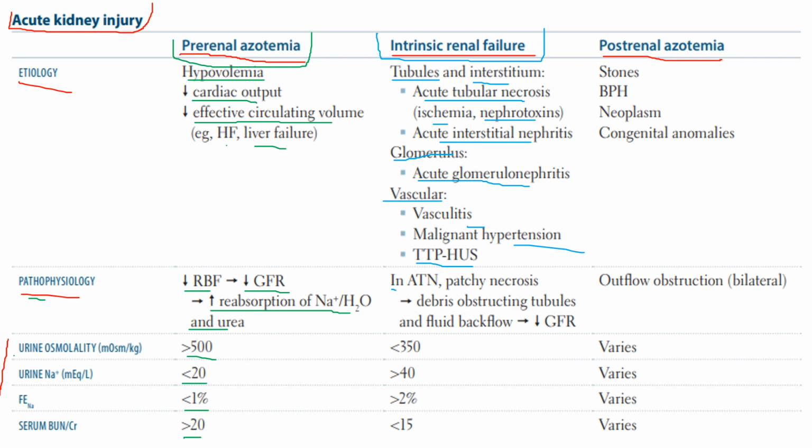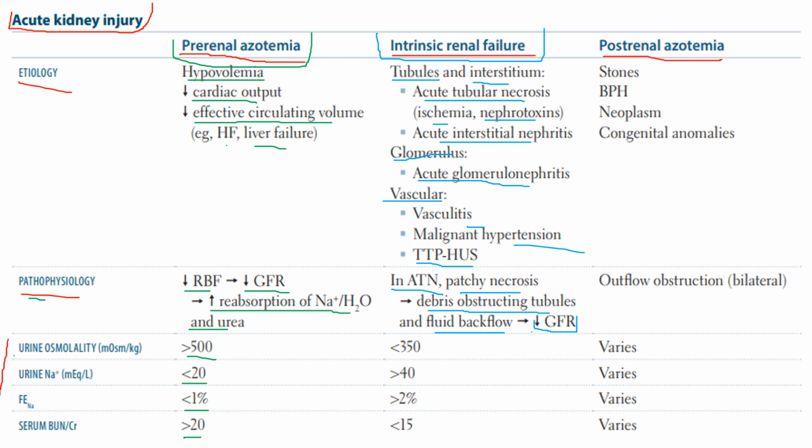In acute tubular necrosis, necrosis leads to debris obstructing tubules and fluid backflow, which leads to decreased glomerular filtration rate.